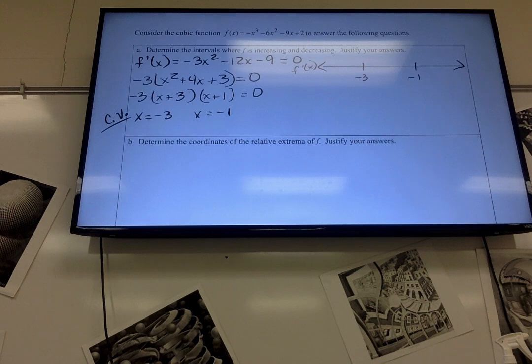To figure out if it's increasing or decreasing, we just have to look around. And we're just going to plug those in to this, and just see if it's positive or negative.